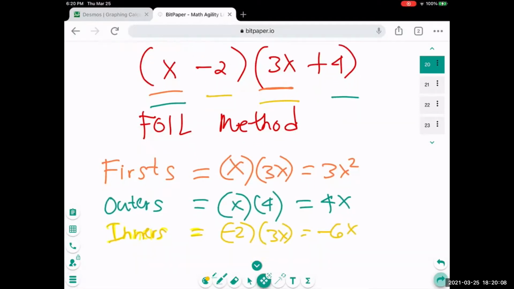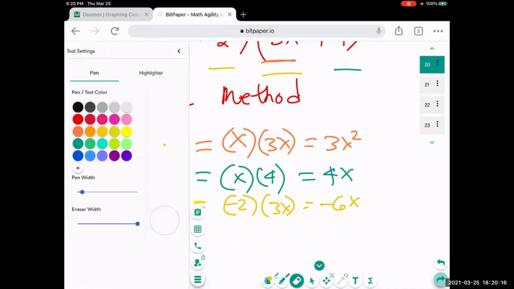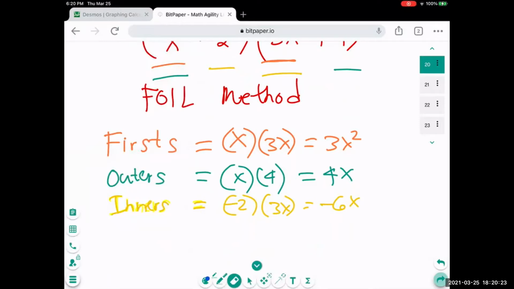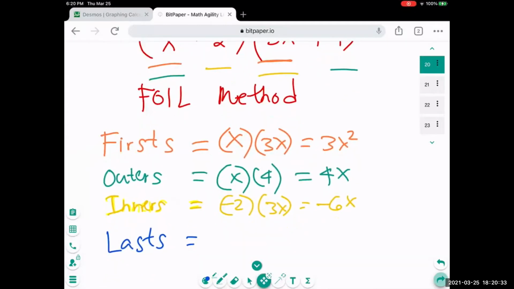At yung last would be your lasts. Let's try to use blue. Okay. So lasts would be your negative 2 and 4. Negative 2 times 4 is negative 8.